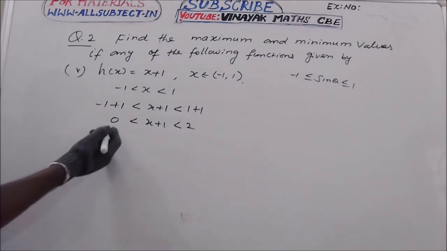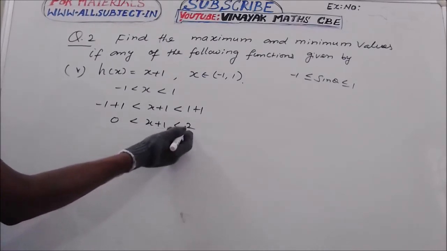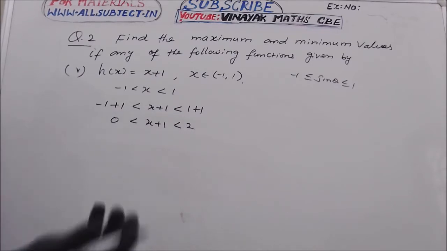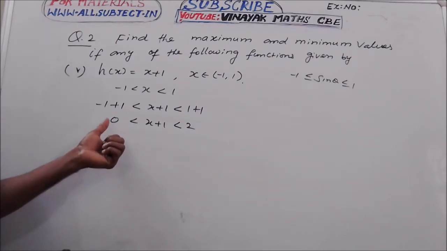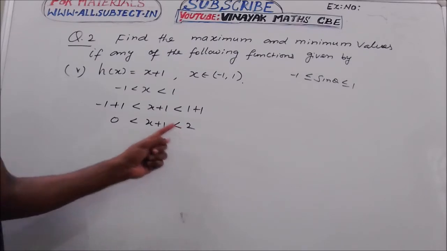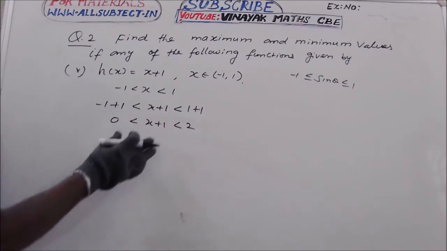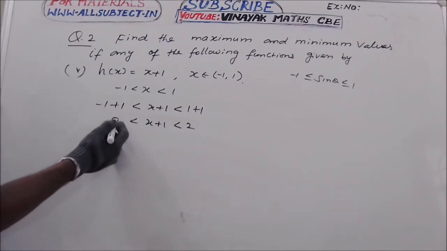Here, greater than 0 means we cannot say exactly which value is greater than 0, and we cannot say exactly which value is less than 2. So we cannot define the maximum and minimum value for this function because it is in the open interval.